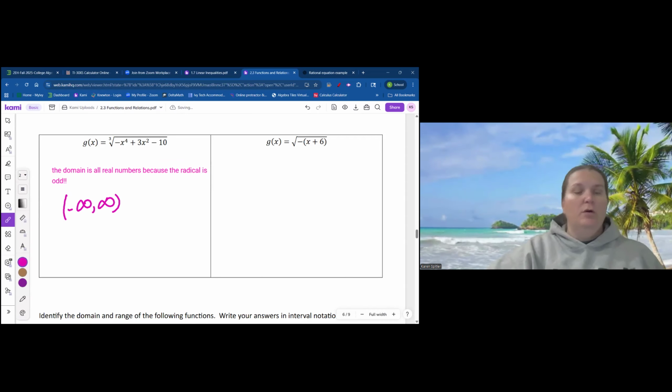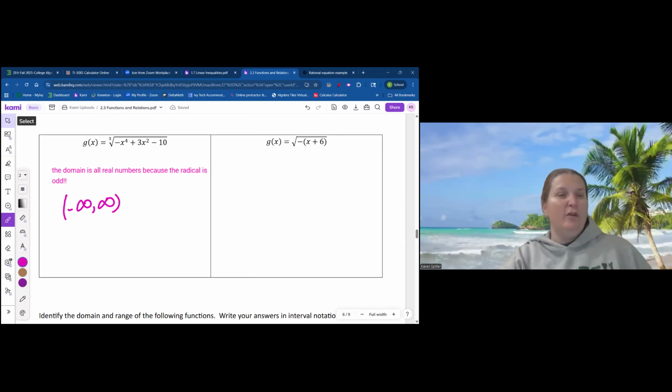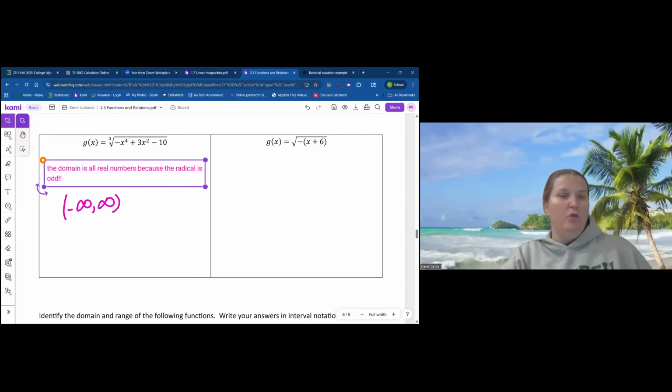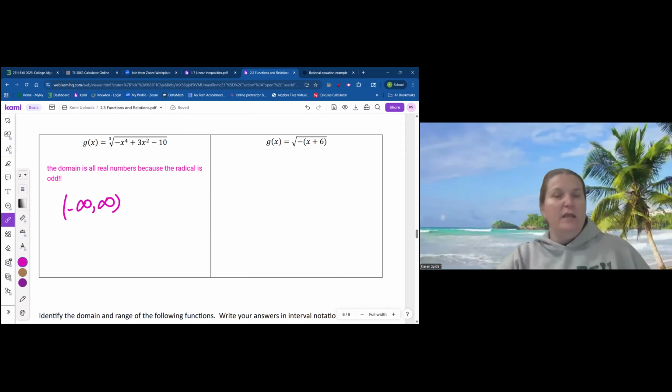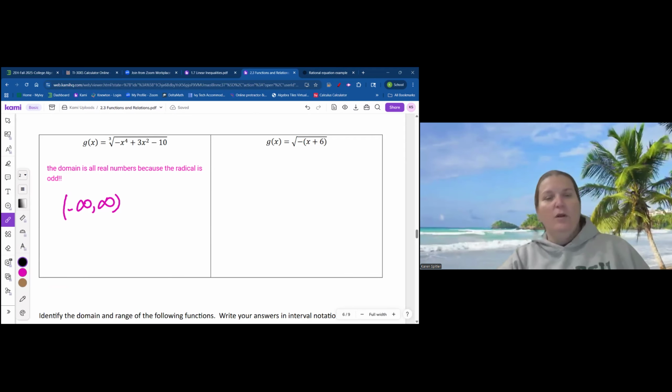Your rule for radicals only applies to even radicals: 2, 4, 6, 8. 3 is odd. Okay? Try the one on the right.